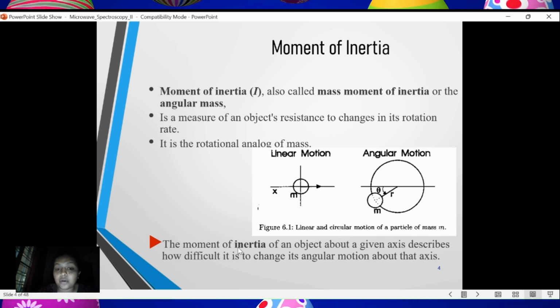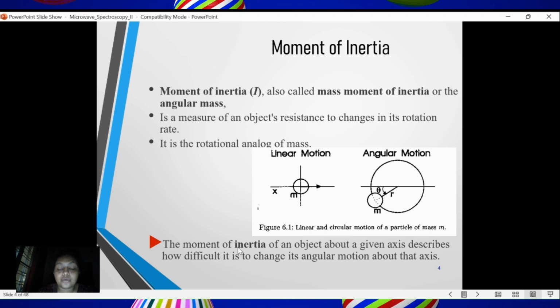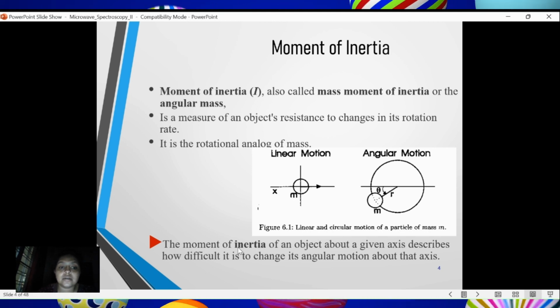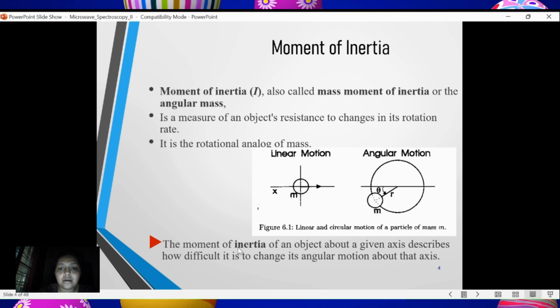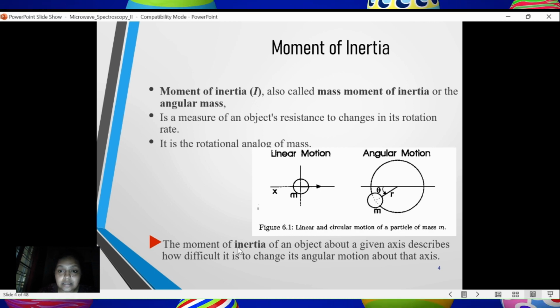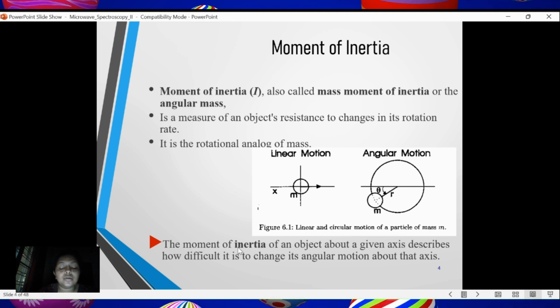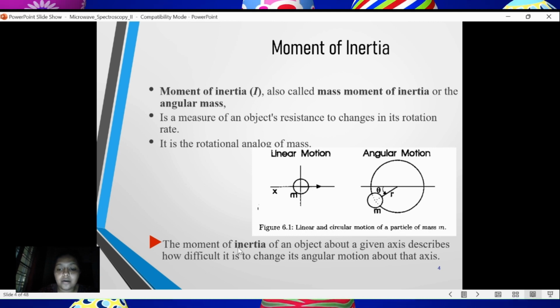It is a measure of an object's resistance to changes in its rotational rate.